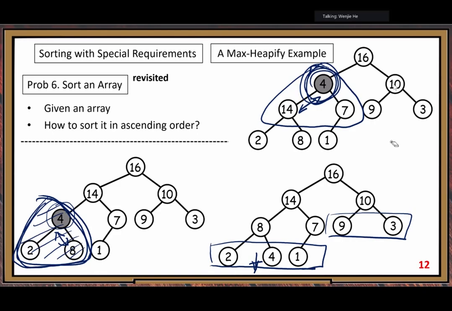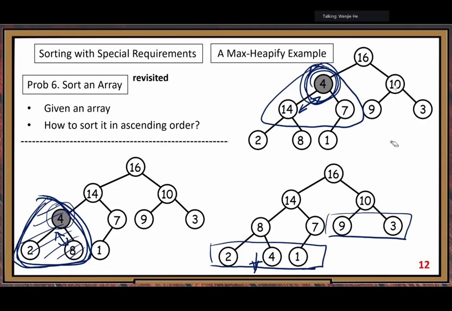The values among three nodes, a parent node and two child nodes, these three nodes should satisfy a certain inequality. Specifically, the value of the parent node must be greater than or equal to the values of the two child nodes.